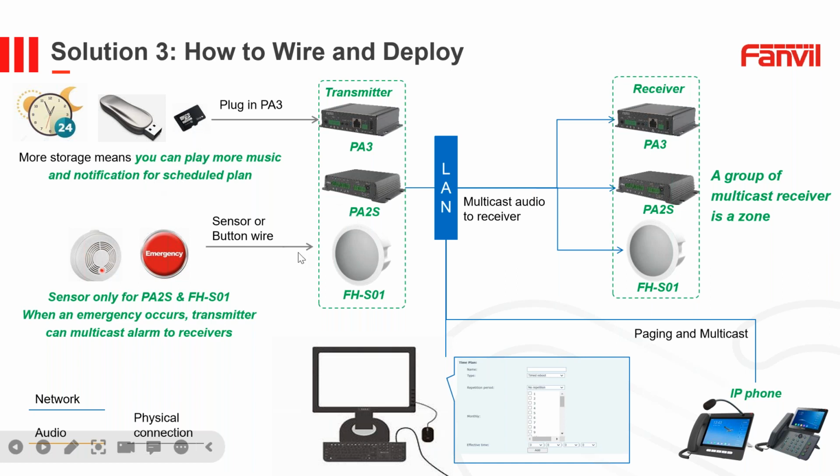If you need to play an emergency notification when an emergency happens, you can use our PA2S and FH01 as a multicast transmitter. When an emergency occurs, the transmitter will multicast the alarm to the receivers. Also, if you already have an IP phone, you can use the multicast function, and then you can make your voice transfer to all the zones.